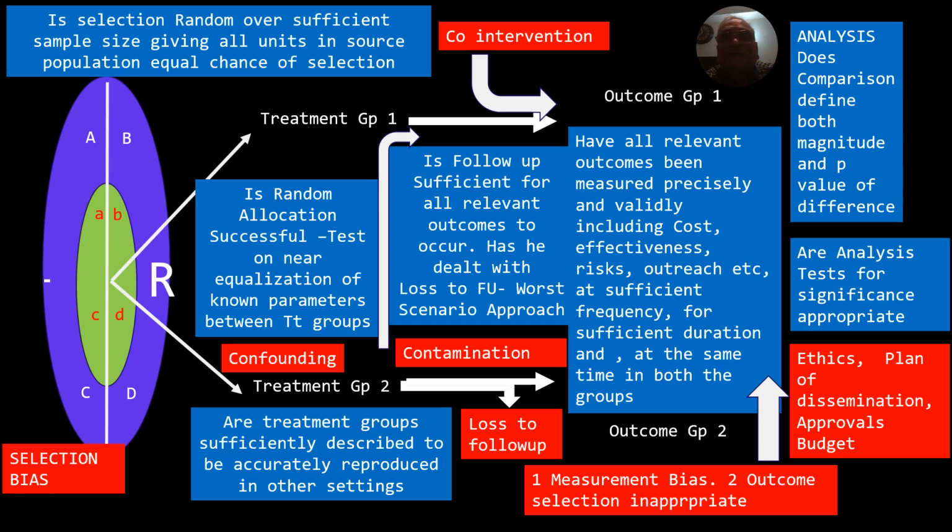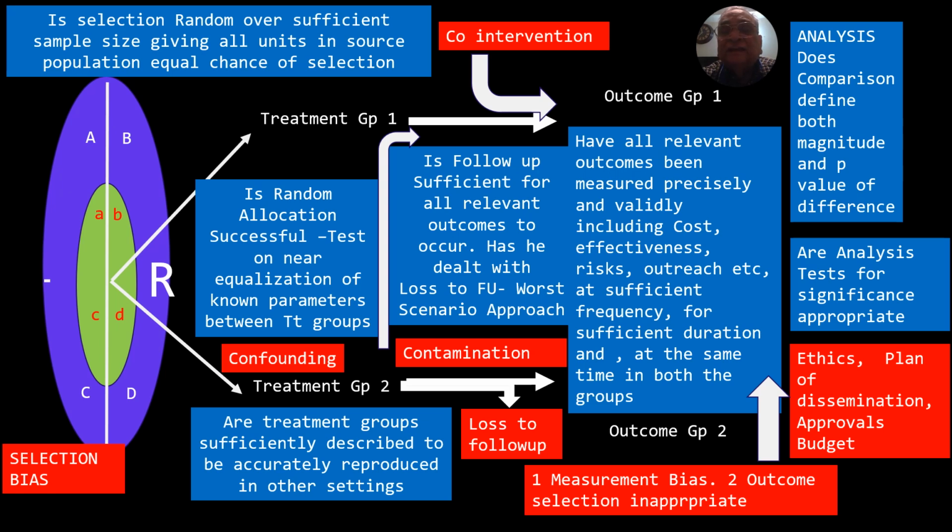Patient, to please you, may say that I am feeling much better when actually he is not. So the observer must be different from the doctor, and he must not know the research hypothesis nor which group the patient belonged to, and that technique of taking care of measurement bias in subjective outcomes is called double blinding.